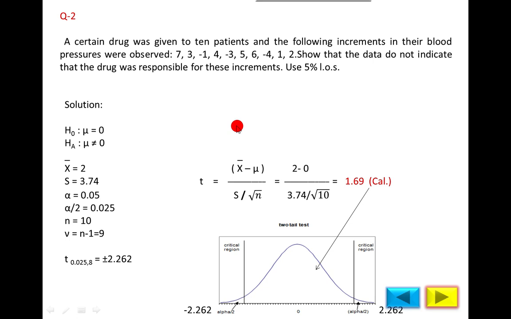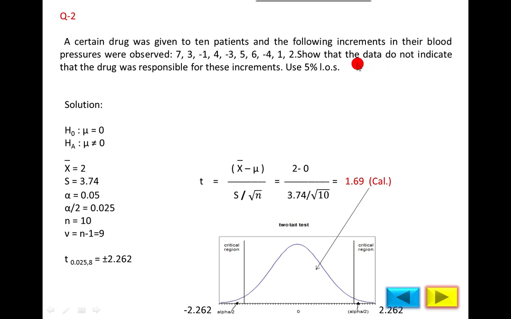Suppose you collect the blood pressure of the patient before the tablet, say 120, and after the drug, the same 120. So this indicates there is no change. The change may depend on other factors. So the statement is that the data do not indicate that the drug was responsible.